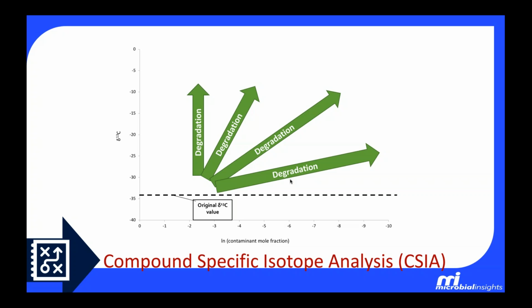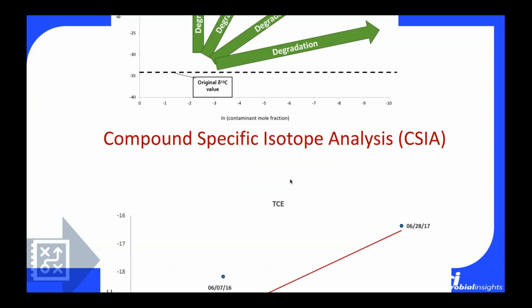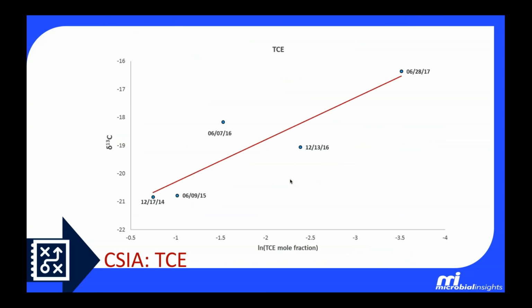We can also use the ratio of our 13 carbon to 12 carbon fractionation to help us understand the degradation pathways. The change in our 13 carbon value occurs in a very predictable manner, so we can use this tool to understand if our compound of interest is degrading and also help us understand what mechanism is likely causing this degradation. So I'm going to show you that with some of the data from this site.